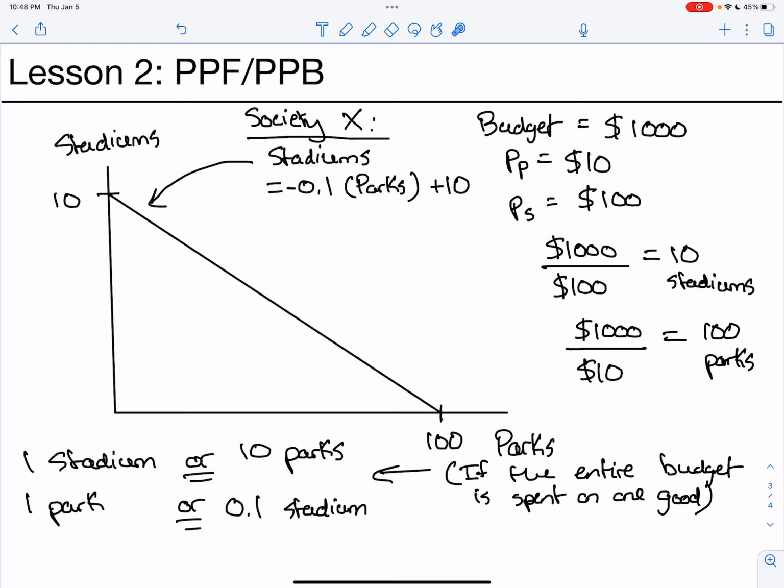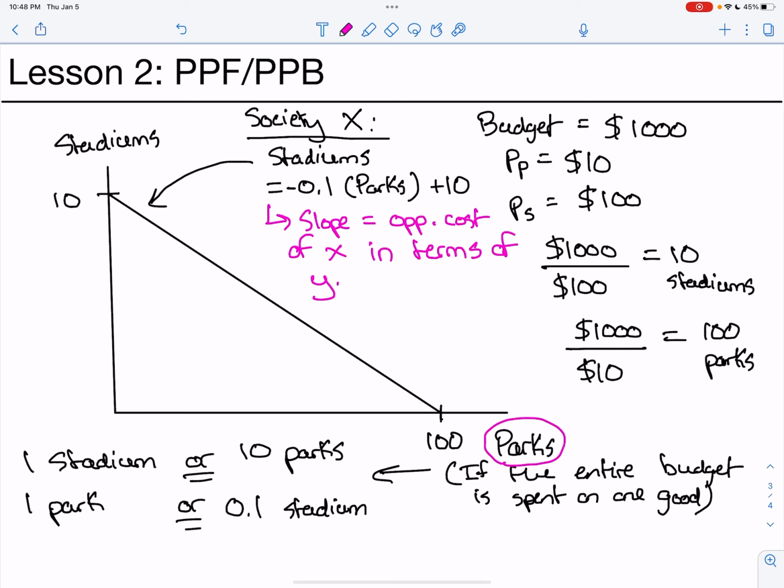So this is actually maybe one of the main lessons of this linear PPF part of this video, which is that the slope of the line is equal to the opportunity cost of x in terms of y. Okay, so by x, I mean the good that's on the x-axis. In this case, it would be parks. So what do I mean by the opportunity cost of x in terms of y?